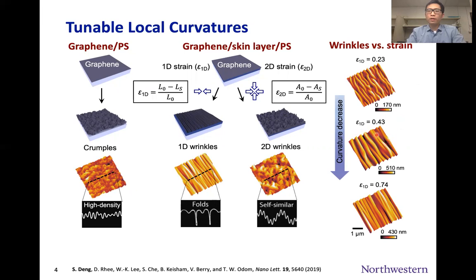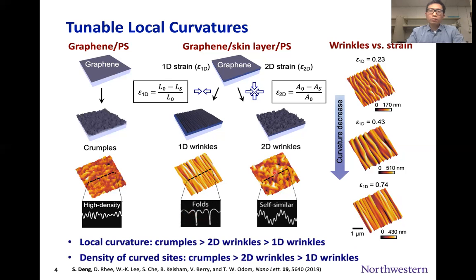As you can see, here we're showing some examples. When we increase the strain, the 1D wrinkles form along the 1D direction. As we increase to a higher strain, the 1D wrinkles start to touch each other to form these fold structures, and the wrinkle peaks start to flatten, which means at a highly strained 1D wrinkle, we have lower local curvatures.